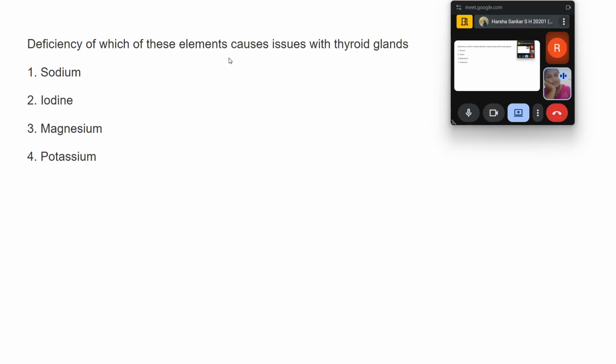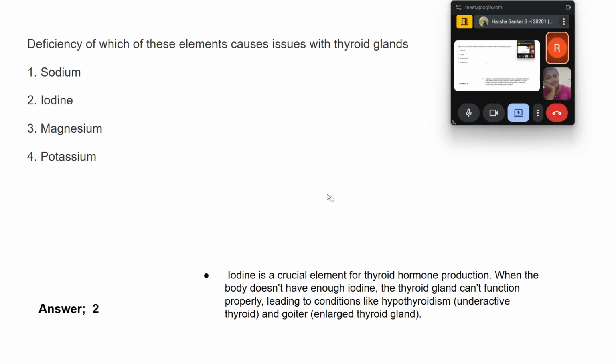Deficiency of which of these elements causes issues with the thyroid gland? Sodium, iodine. We discussed that here, right? No explanation required. If we don't have iodine, our body won't be able to produce thyroid hormone properly, which will lead to conditions like hypothyroidism and goiter.